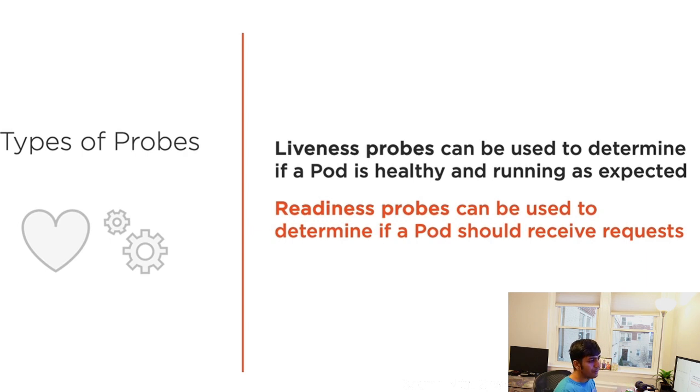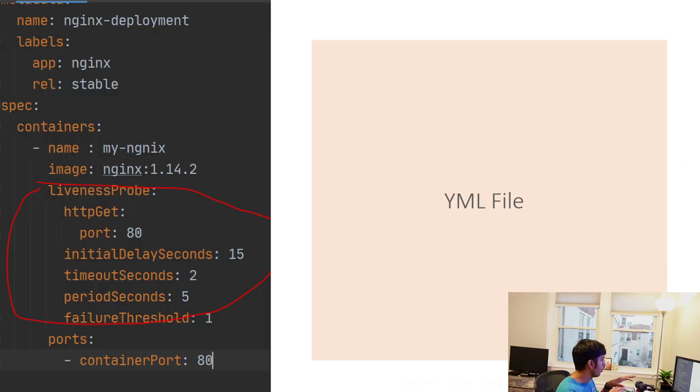So if you want to make a request to your API which is running inside a container, you can do that kind of check with readiness. I'm showing you a very simple liveness probe here. You have a YAML file: liveness, HTTP get port 80, initial delay seconds 15, timeout 2, period seconds 5, failure threshold 1. Basically it keeps doing this every n number of seconds, checking if the pod is healthy.